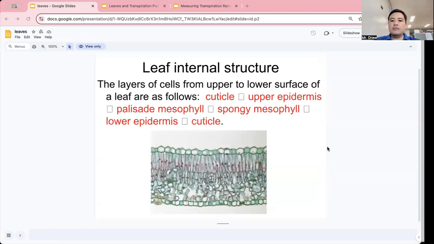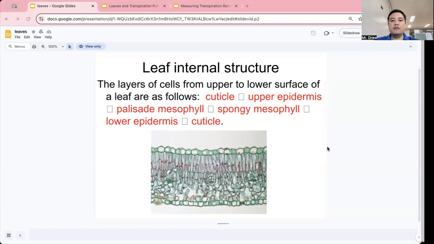So let's go to the leaf internal structure. A leaf is made up of multiple layers, each with a specialized function. From top to bottom, we have first the cuticle. It's a waxy layer that reduces water loss. The upper epidermis protects inner layers.